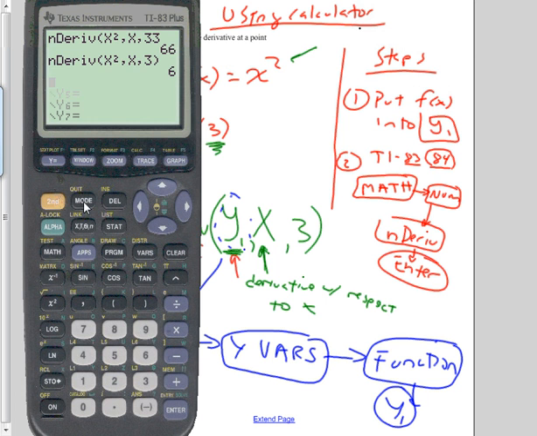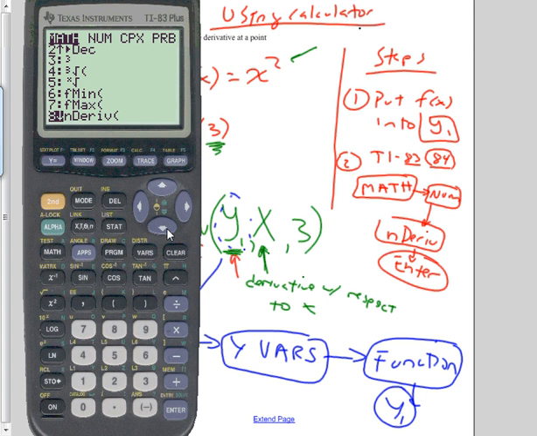And then let's quit out of that. Once I put the function into y1, the next step is to press math. Oh, I said go to numbers. Let me correct this. Just go straight down in math, down to nderiv.